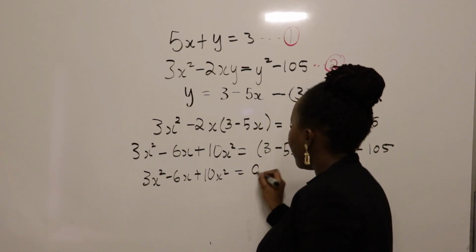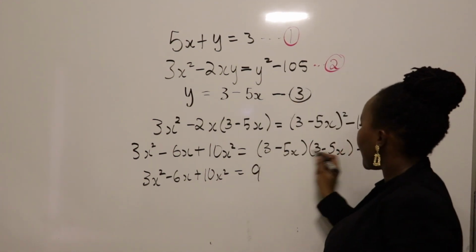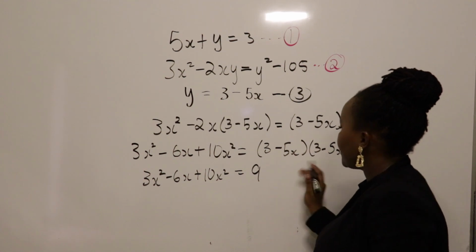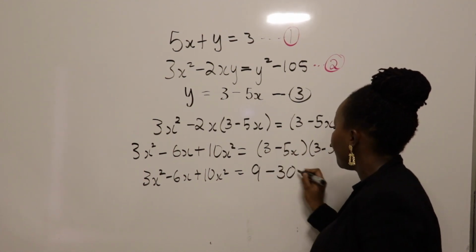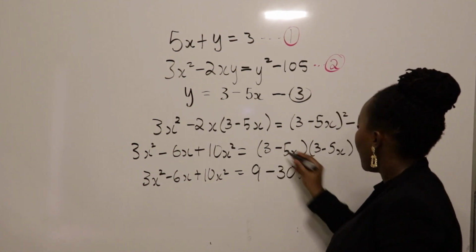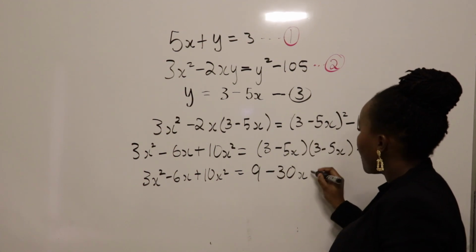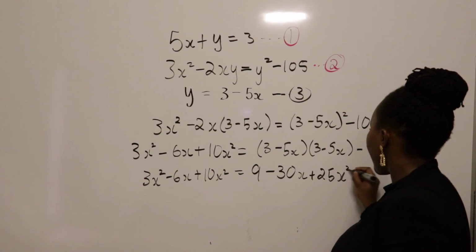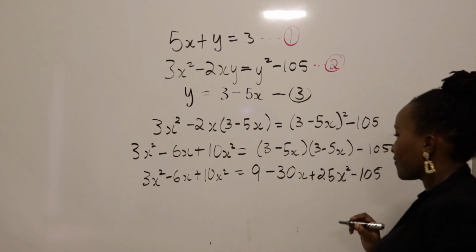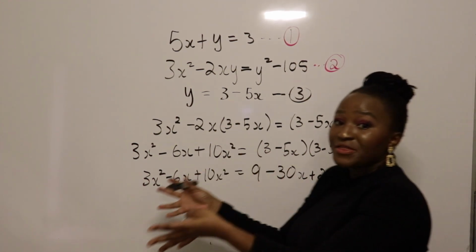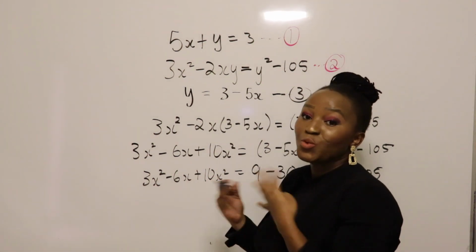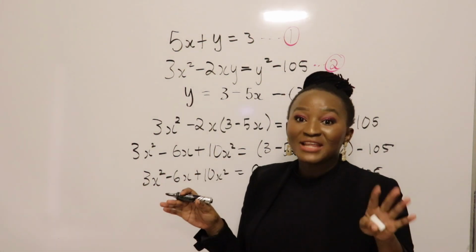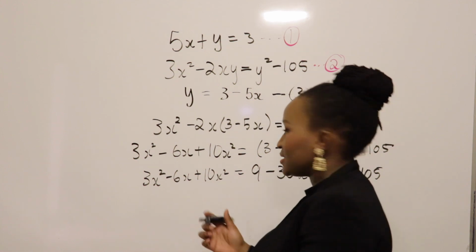Here I'll have 9. Minus 15 will give me minus 30x. And then 5 times 5 will be plus 25x squared minus 105. Now we will put everything on one side so that we can add the like terms.